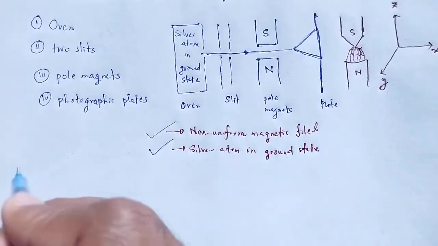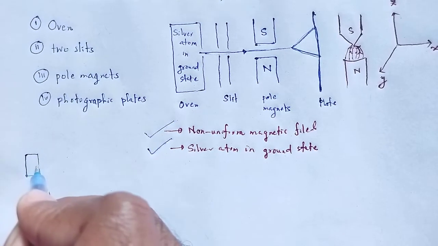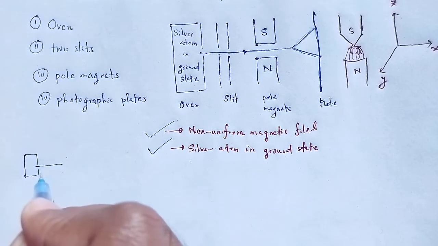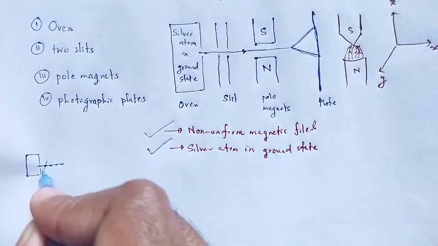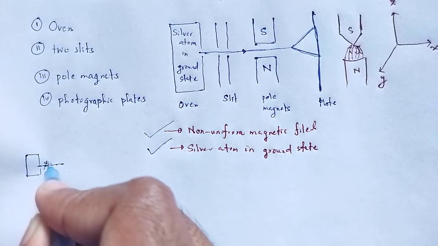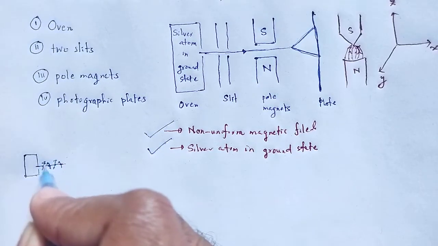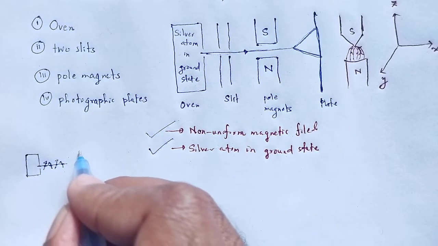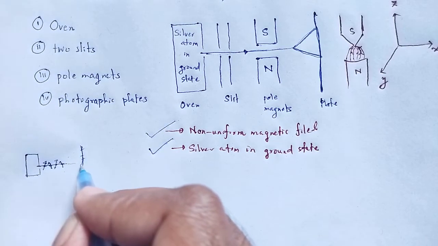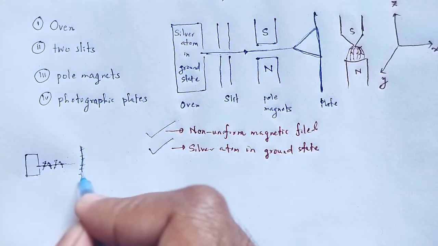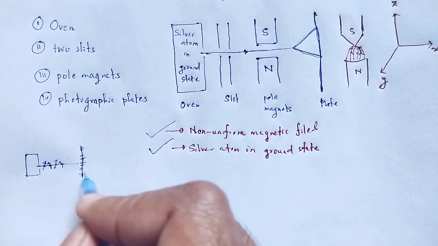Let me take this as the oven, the atoms are generated from the oven, and the orientations look like this, some atoms in this direction, that direction. There are various types of orientations, and when we observe the photographic plate, there should be so many traces throughout the plate, here, here and here.